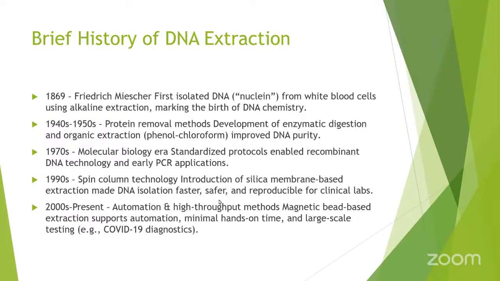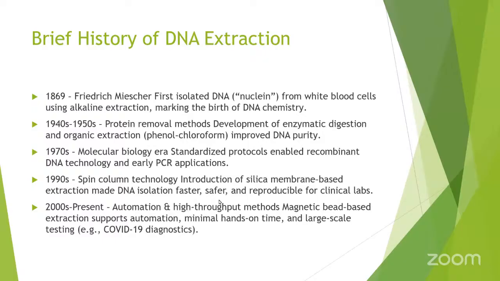I can give you a brief history of DNA extraction. It says that in 1869, a scientist called Friedrich Miescher first isolated DNA from the white blood cells using alkaline extraction, marking the birth of DNA chemistry. In the 1940s to 50s, protein removal methods, development of enzymatic digestion and organic extraction, that is phenol-chloroform, improved the DNA purity.